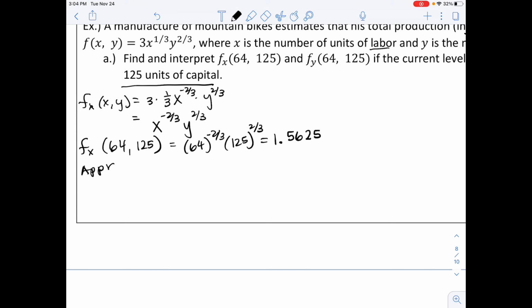And what this symbolizes is our approximate change in production, which is what our z, or our f of x, y, is, and we measure our production levels in thousands of units. So our production, we'll say in thousands of units.